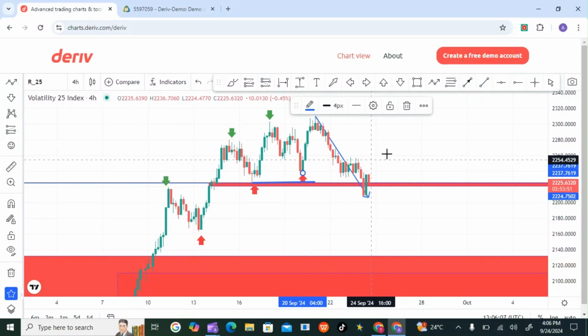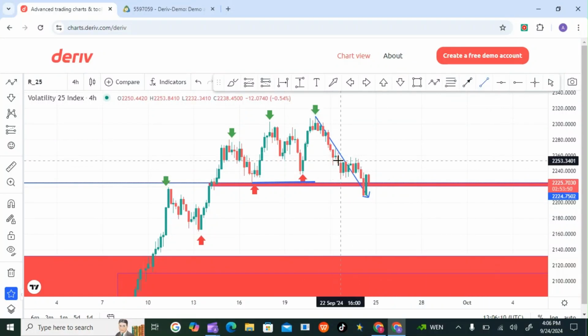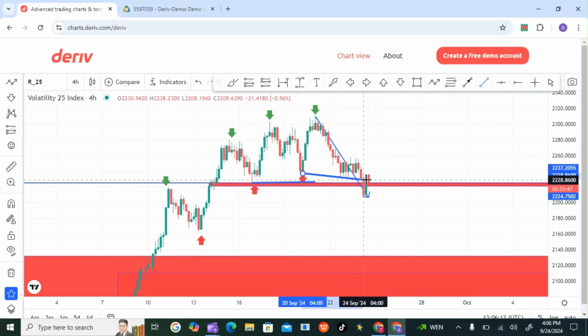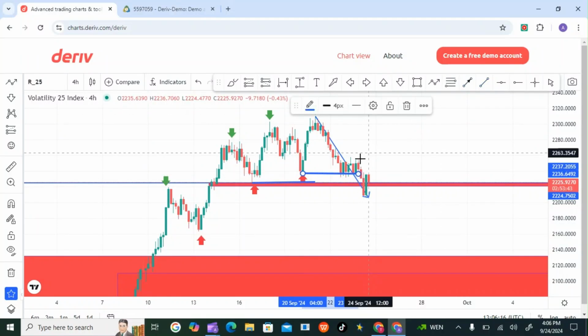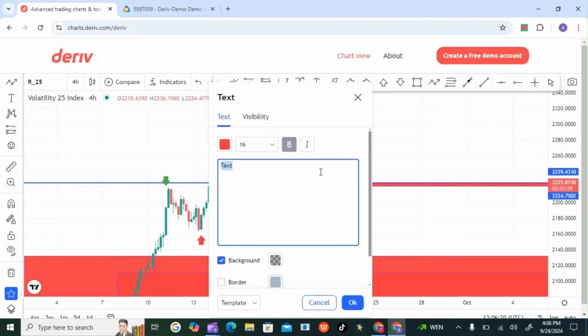And then, after creating that structure, what do we expect? It has broken that structure, and this is called, I told you, the change of character, or the CHOCH, that's how we call it.